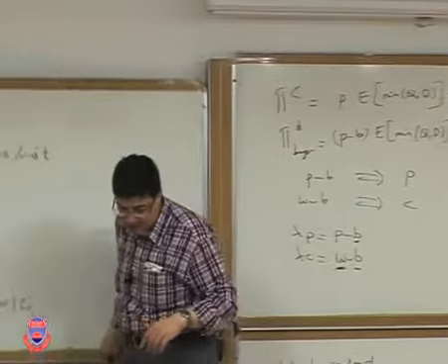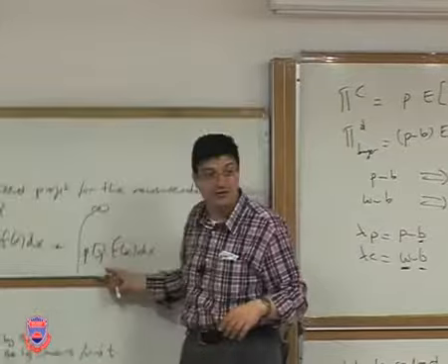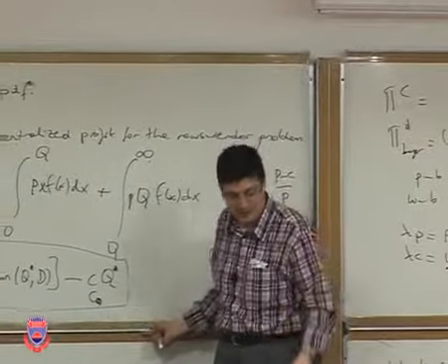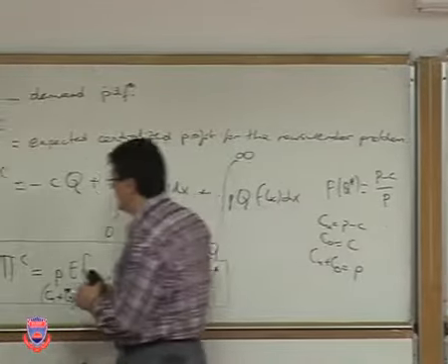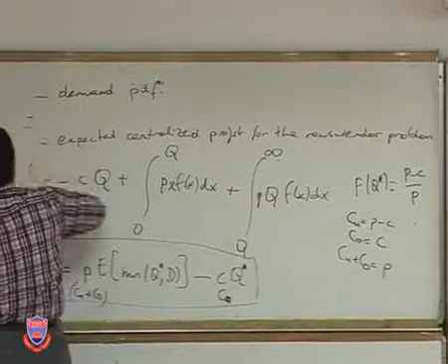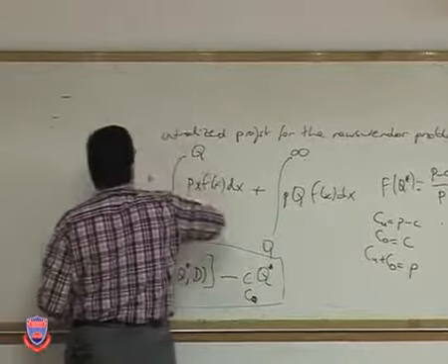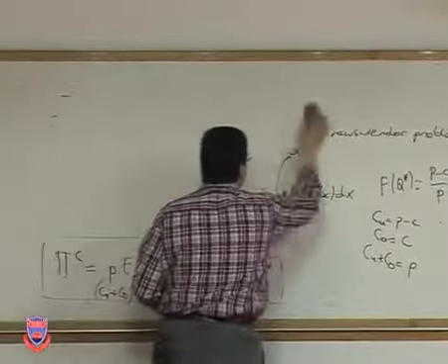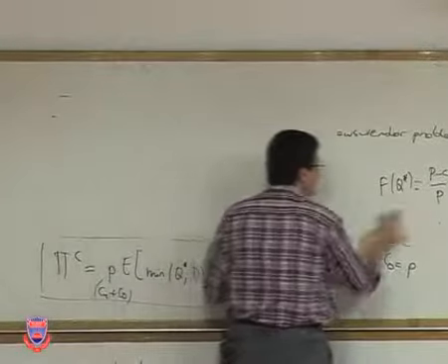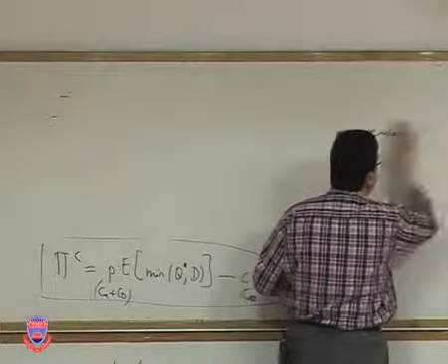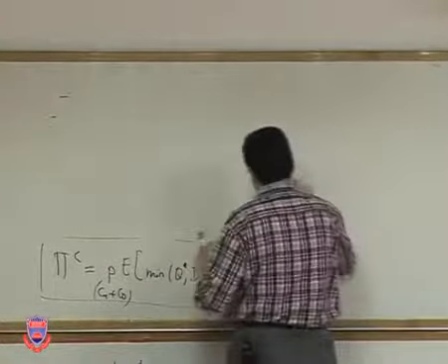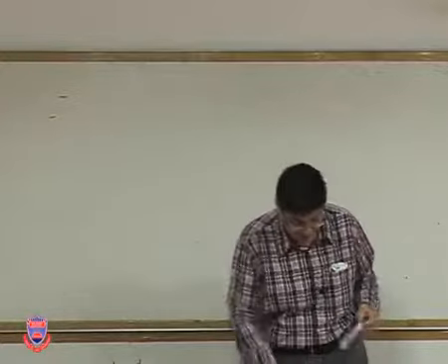Now let me go to the revenue sharing contract. Now we have seen the revenue sharing contract, but again, I'm going to simplify the way that it looks. Now, of course, you can have different types of revenue sharing contracts, but I will talk about sort of the standard one.